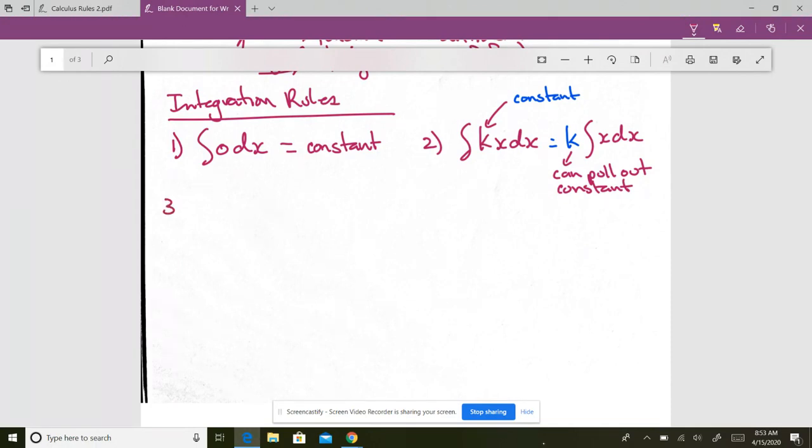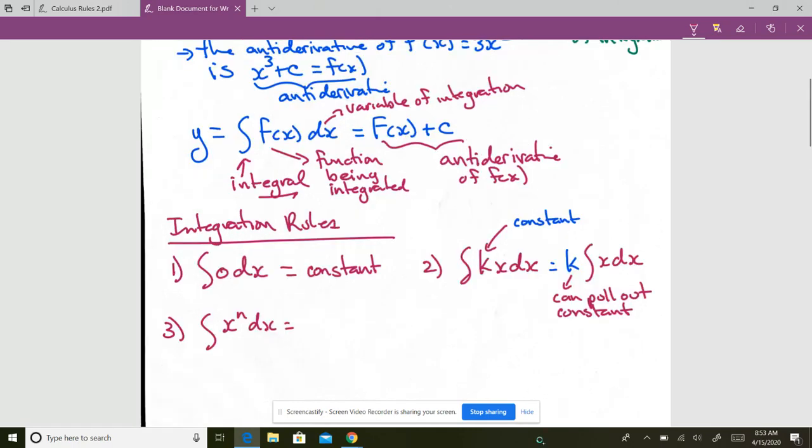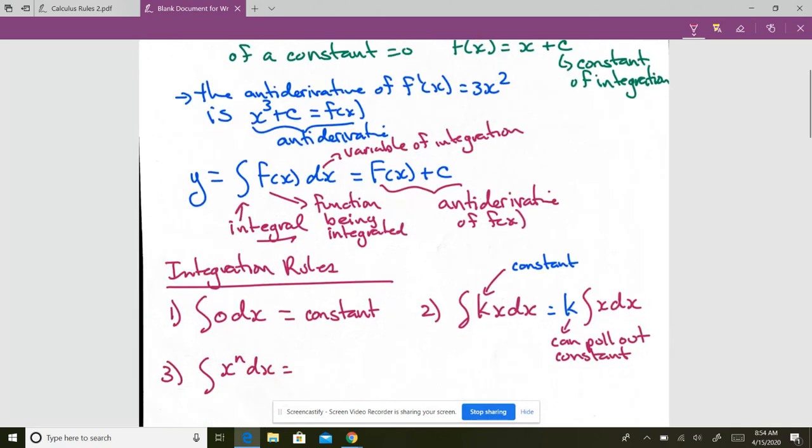Third rule, and this is the big one. Integral of x to the n dx. Well, can you figure it out? We went from 3x squared to x cubed. When we're doing the derivative, we always take 1 away from the exponent. Remember, we would go -1, and that gives us the 2, after we drop the 3 down. Opposite way, you're going to add 1 to the exponent.